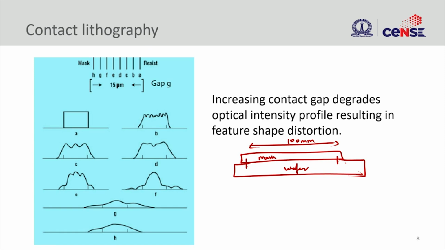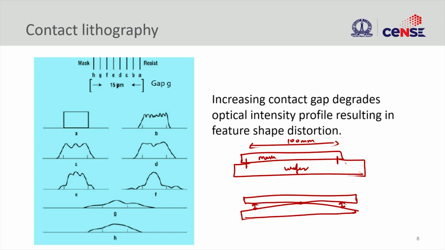The reason for that is you will always have some wafer bowing. So you could have some non-uniformity in the thickness, and here I consider the mask to be really uniform, but then you will have contact at the center and you will have some gap at the edge.